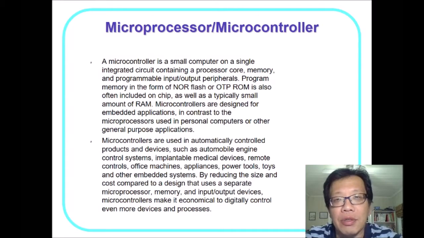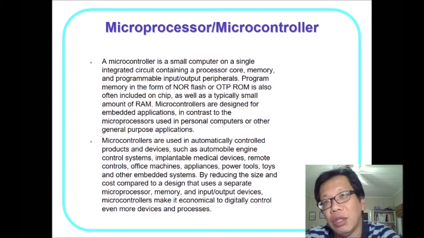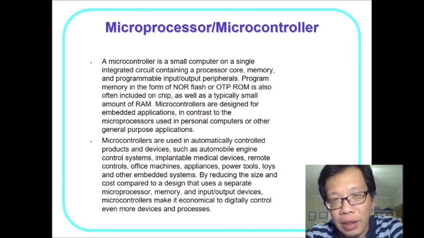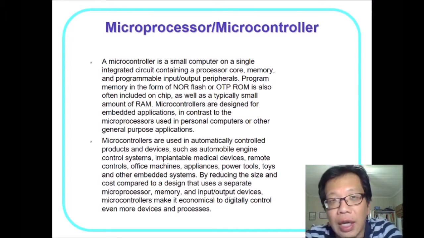Let's talk about the microprocessor and the microcontroller. When we are dealing with microprocessors or microcontrollers in control applications, we size down a big computer system into a very small one. In those microcontroller units, usually you're going to see just a board that includes a CPU or a processor integrated with memory, storage, and programmable input-output ports.